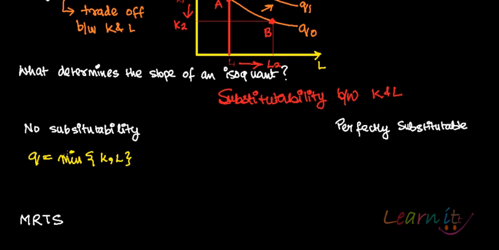Okay. So another case could be that you're perfectly substitutable. For example, Q is equal to K plus L. You're just concerned with the sum. K could be 0 and L could be 10, or L could be 0 and K could be 10. You're just concerned with the sum. They're perfectly substitutable. So the point is that in general you will lie somewhere between them.